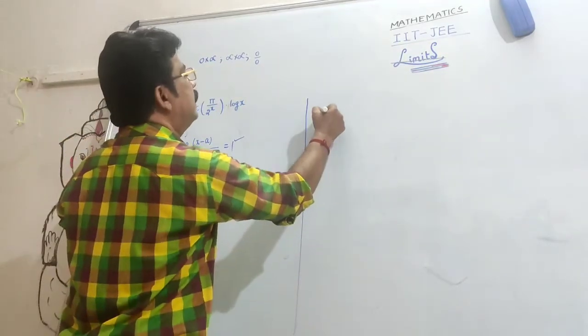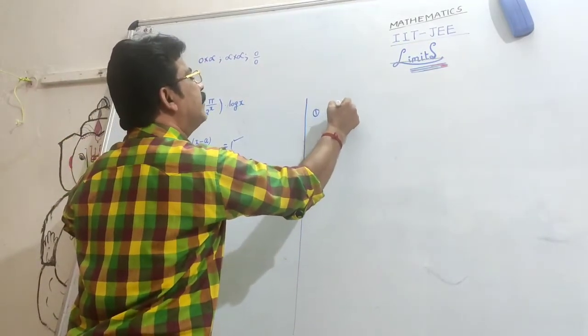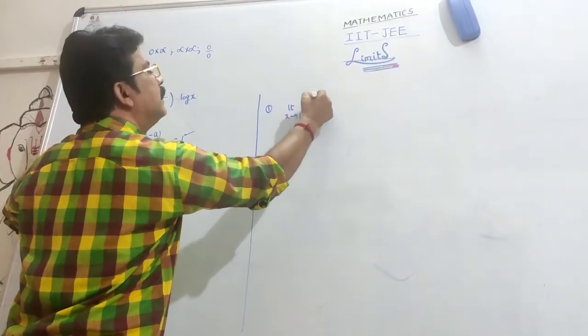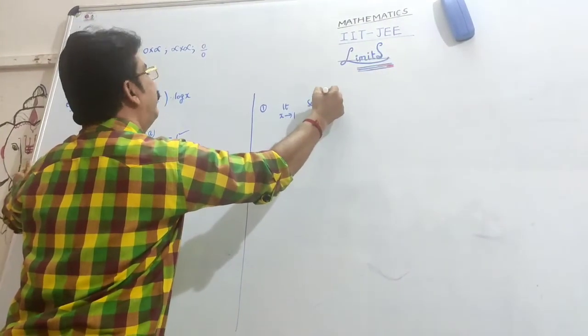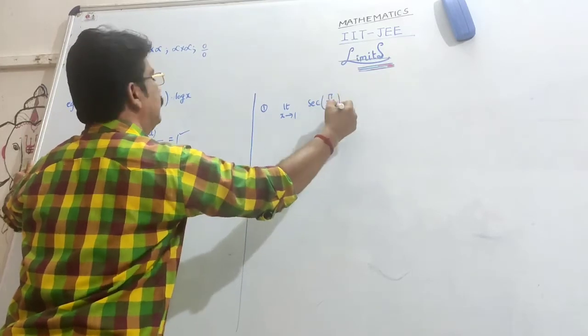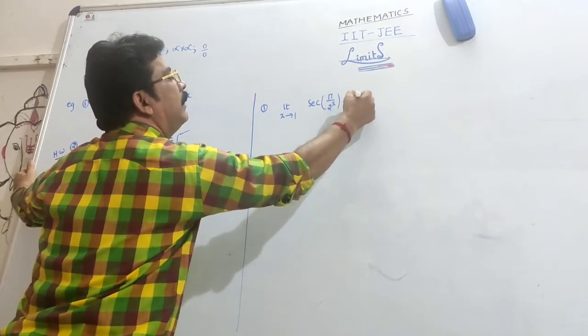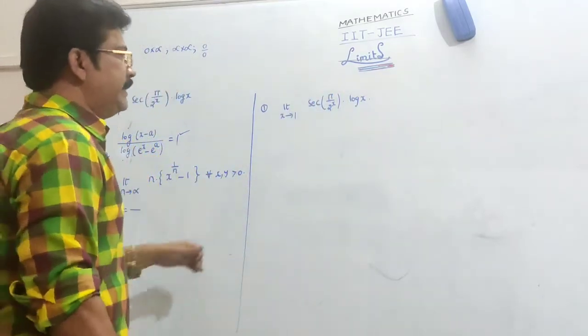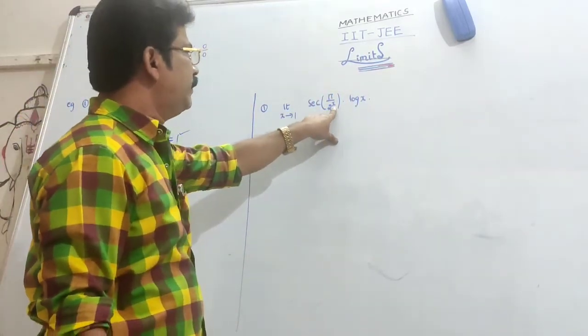So first question: limit x tends to 1 of secant of (pi by 2) power x, into log x. x equal to 1 means pi by 2.